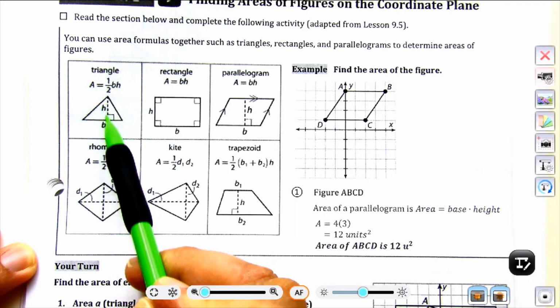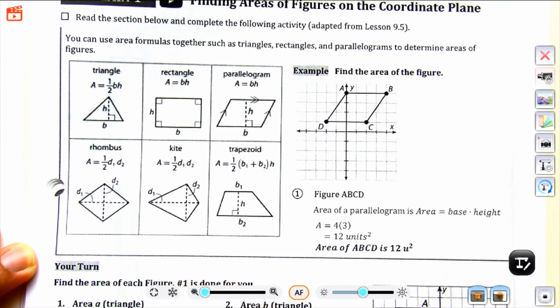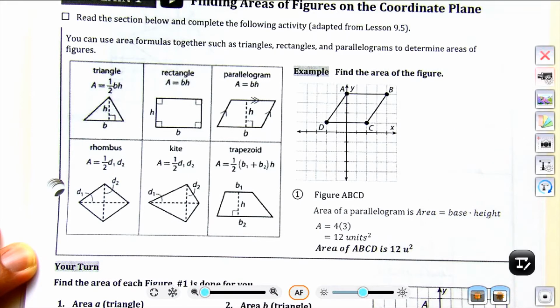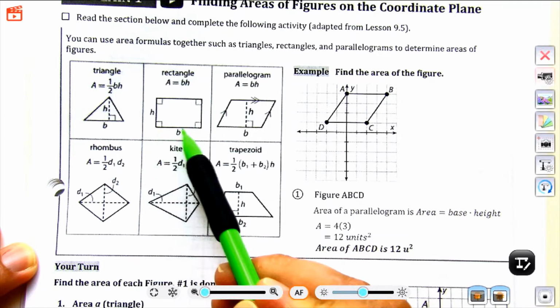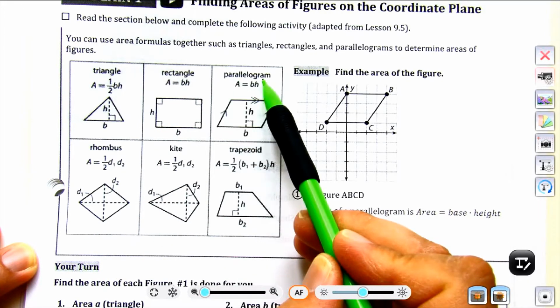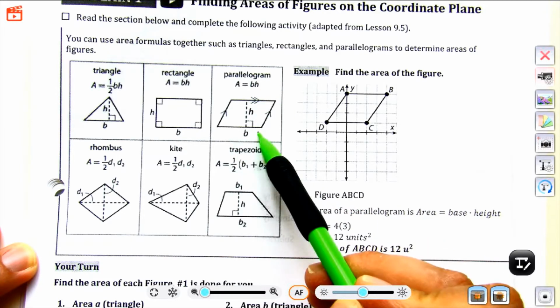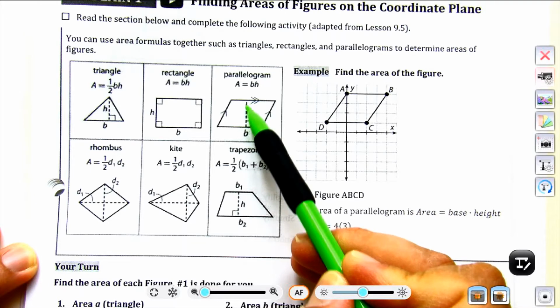Just knowing base and height and taking half gives you the area of the entire triangle. To find the area of a rectangle, it's just the base times the height. To find the area of a parallelogram, it's also base times the vertical height. So just make sure that the height is the vertical height.